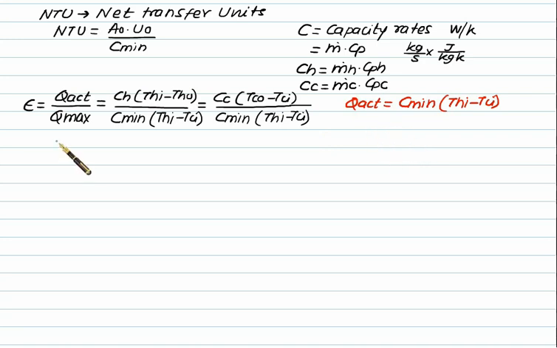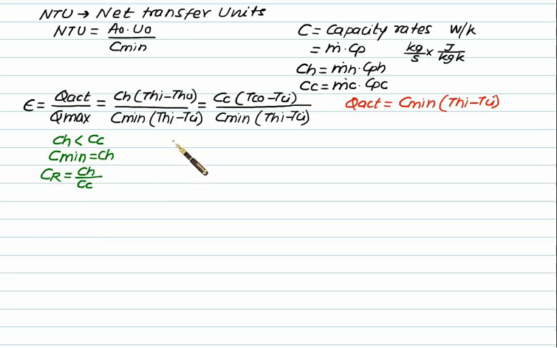If you calculate the value of Ch and the value of Cc, and if Ch is less than Cc, then C minimum will be equal to Ch, and we have capacity ratio Cr equal to Ch divided by Cc, that is C minimum by C maximum.